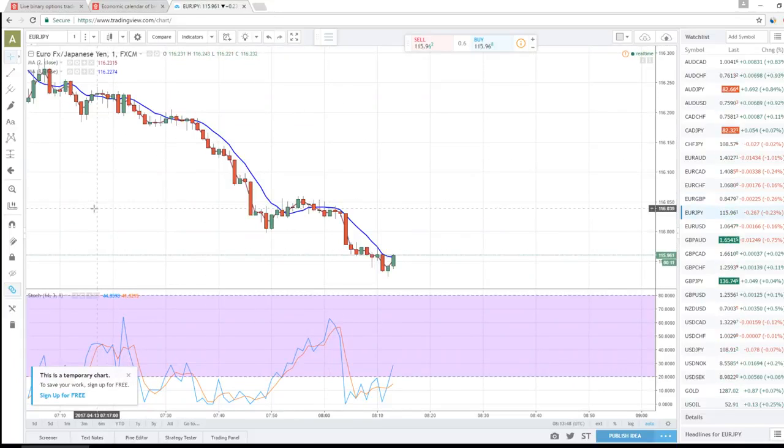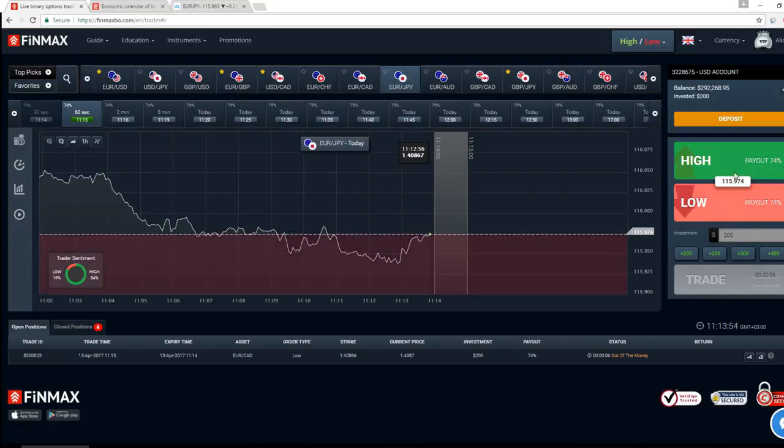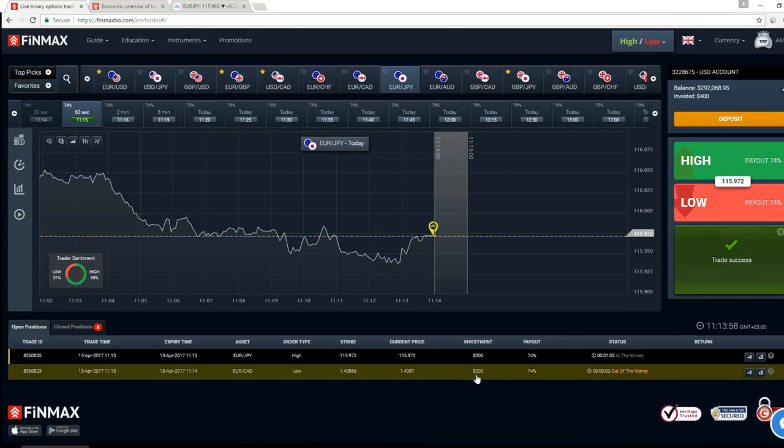Okay, all other assets are telling for the growth of Euro, especially Euro GPY, pretty interesting, so I'm entering here for 1 minute.